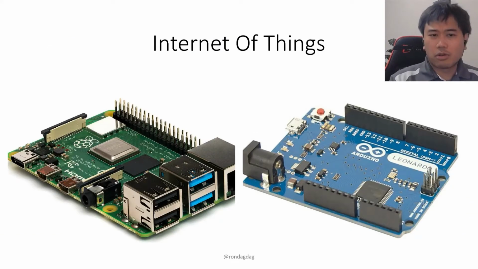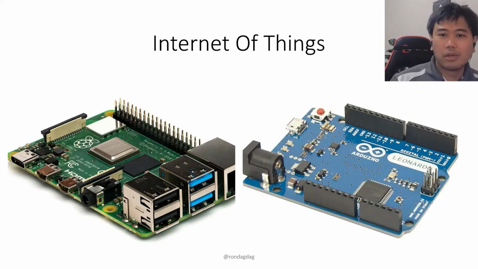Typically, when you want to learn more about Internet of Things, there's a lot of resources out there on the internet, and they tell you, hey, start with a Raspberry Pi or an Arduino. A lot of the maker kits out there that give you a gateway to learn more about Internet of Things are based on these two examples.